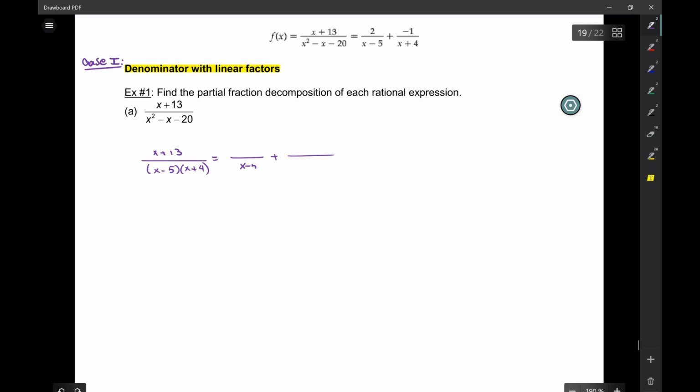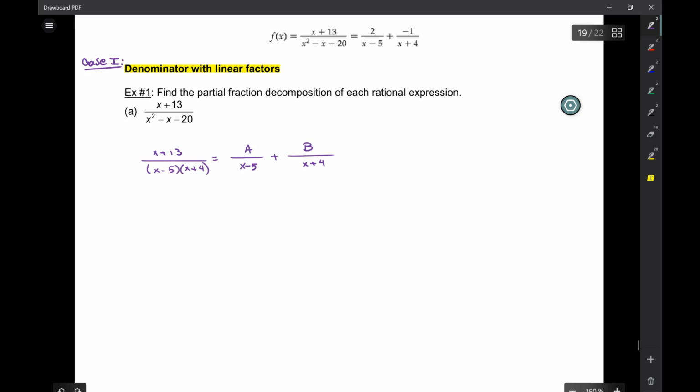Each will get one of the denominators. Do you see how if you were to add two fractions like this, the common denominator would be x minus 5, x plus 4? So we're just going backwards now. Now, the numerators are going to be constants. So I put A and I put B.